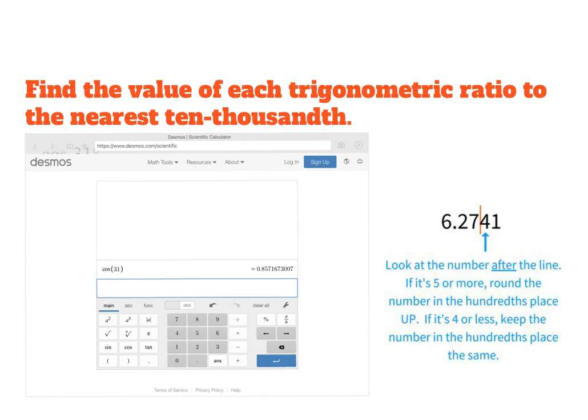My fifth digit is going to determine if I round up or stay the same. Because it is 5 or more, we round up. So I'm going to round that number up, and my answer would be 0.8572.